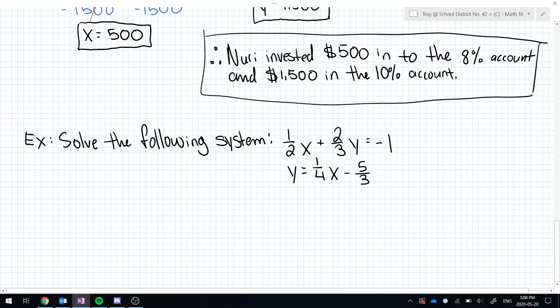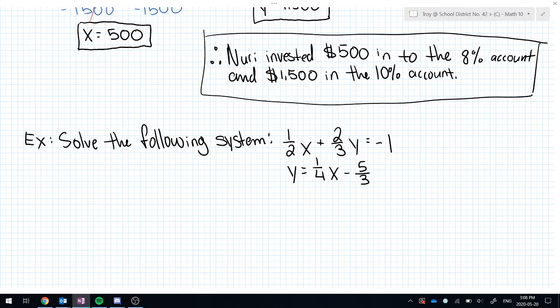Okay, so there's a lot of fractions there, and it looks quite intimidating. But there is a trick that we can do. It'll add one extra step to the solution, but it'll effectively get rid of all of the fractions that we have here.